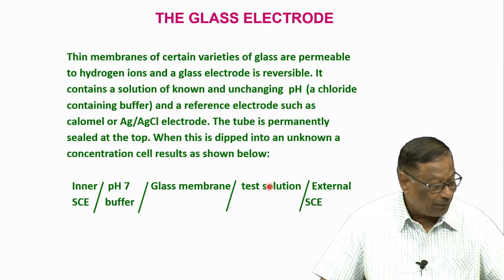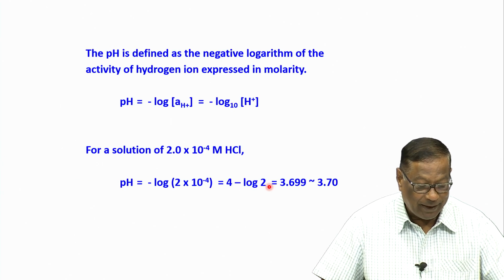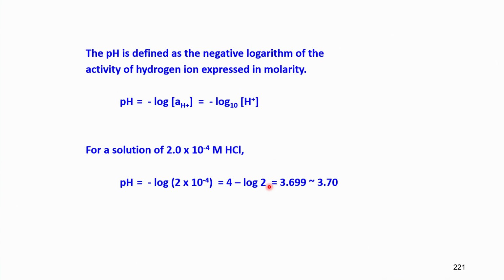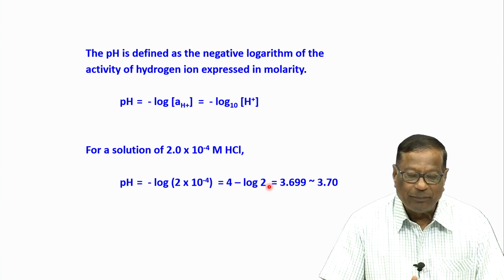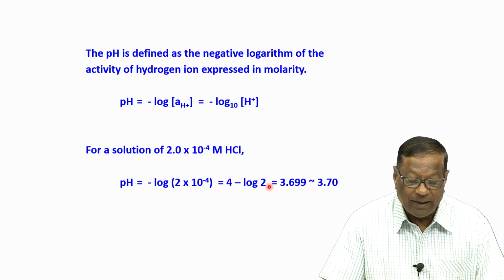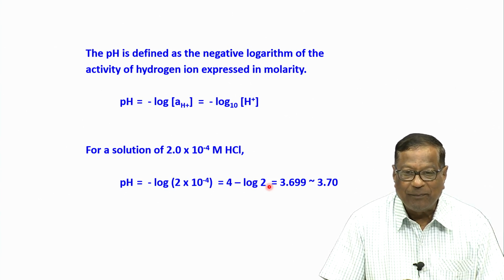Okay. So, we go back. How do we define a pH? So, pH is nothing but the negative logarithm of the activity of the hydrogen ion concentration expressed in molarity.